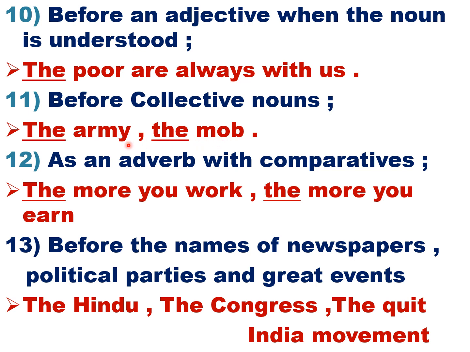Before these collective nouns, we must use the definite article the: the army, the mob. As an adverb with comparatives, the more you work, the more you earn. Here, with the comparatives, we are using the definite article the.